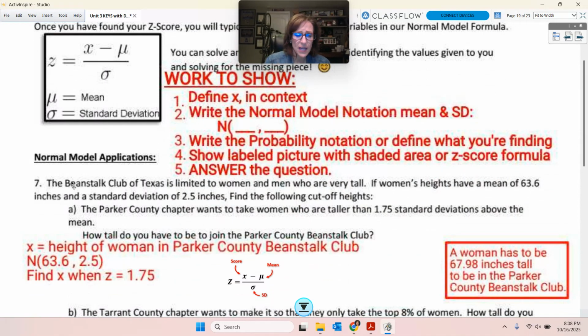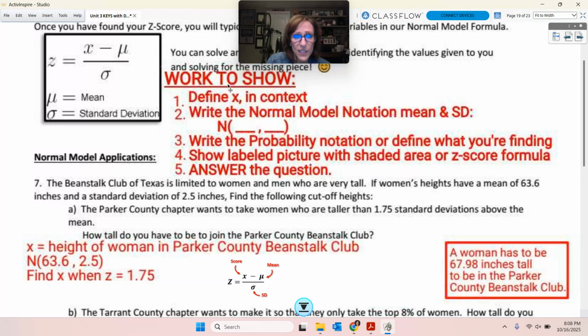So we have the Beanstalk Club of Texas for women and men who are very tall. If a woman's height has an average of 63.6 inches and a standard deviation of 2.5, find the following cutoff heights. So that's finding a value, a height. And x is what you're going to be finding, okay?